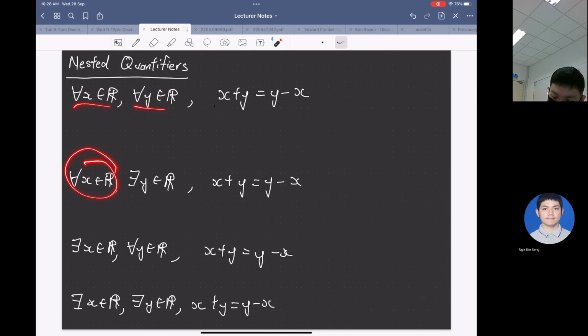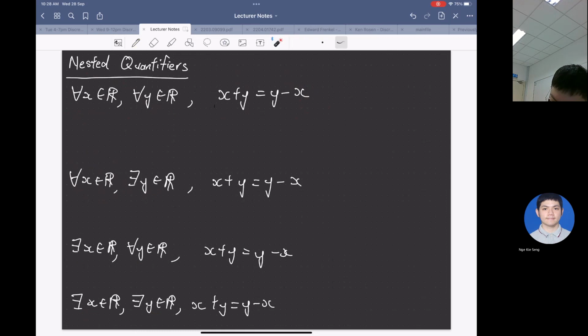So we choose the first one that comes first, and then the next one, so it's like nesting. I only choose 2 variables to present here, so there are already 4 choices we can consider.